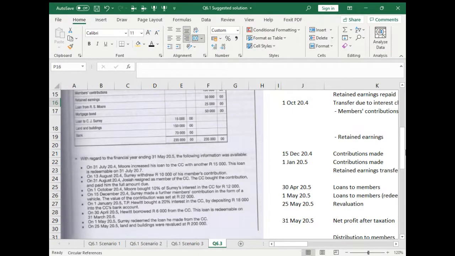So now what happened is Moore actually said, I want to buy 10% of your interest in the CC for himself. So this is now an internal transfer. Do you have a question? Okay. So after he's resigned, now the other member says, okay, I want to buy 10% of what you currently hold, which is basically what they've taken from the other member.